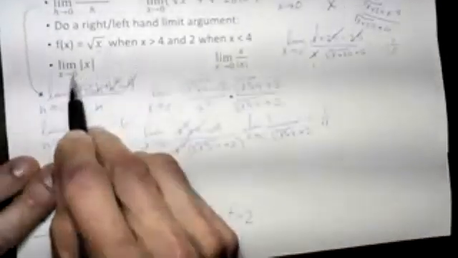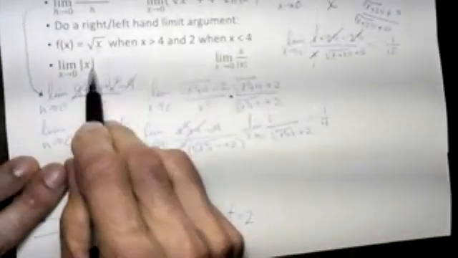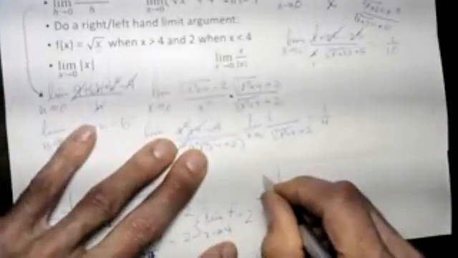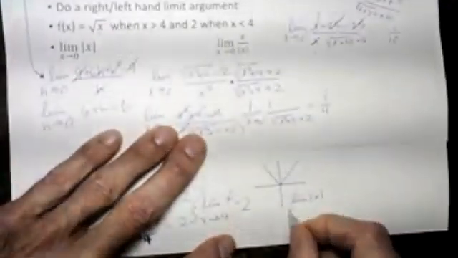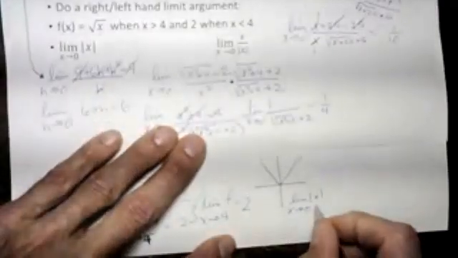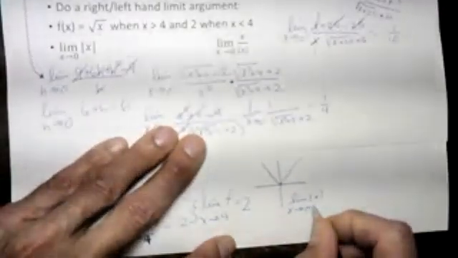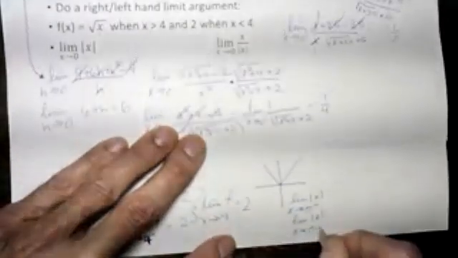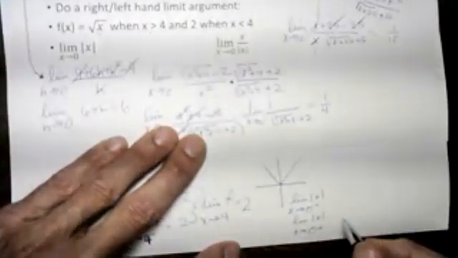Okay. Let's come down here. What's the limit of the absolute value of x? Real easy. You know that absolute value is that V shape. So the limit of absolute x as we approach 0 from the left, and the limit of absolute x as we approach 0 from the right.